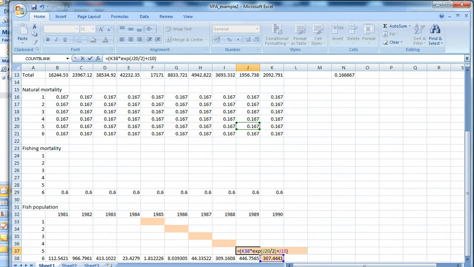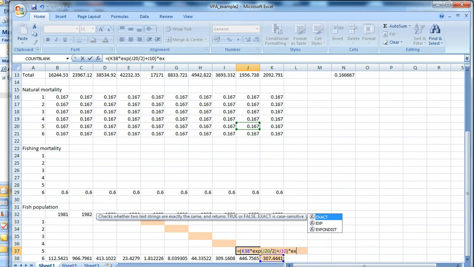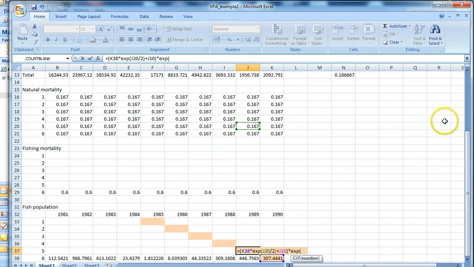Let's see if my brackets are all the same colour. It's good. I've got 2 greens and then 2 blacks. That looks pretty good. Now I've got to multiply that by the exponential again of natural mortality in that year divided by 2.